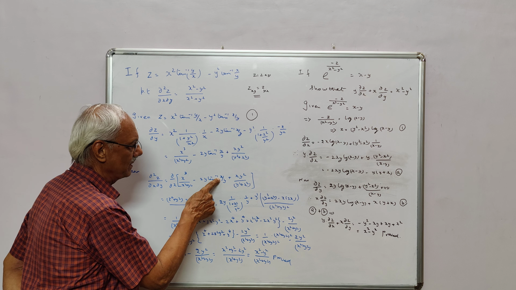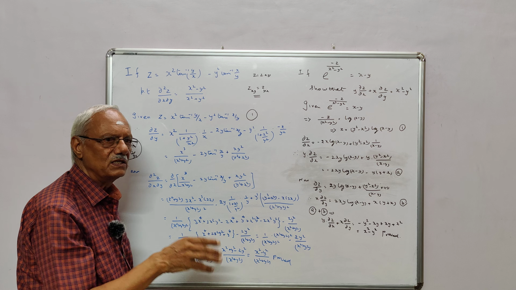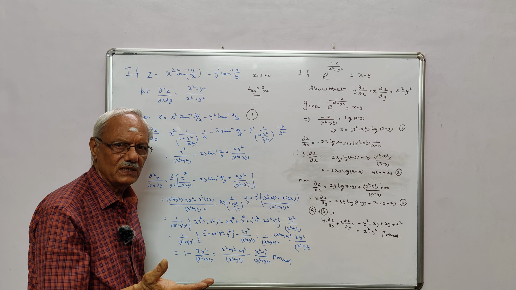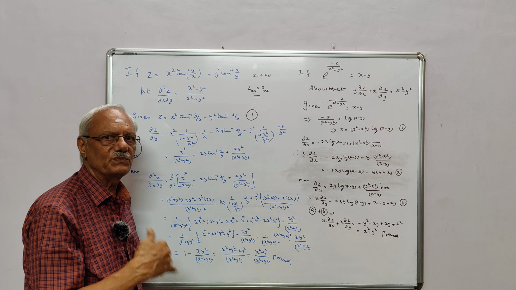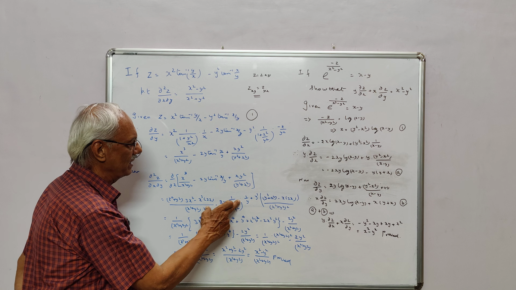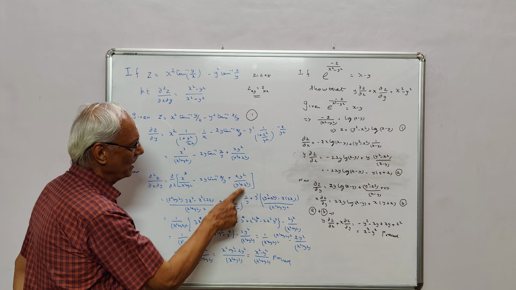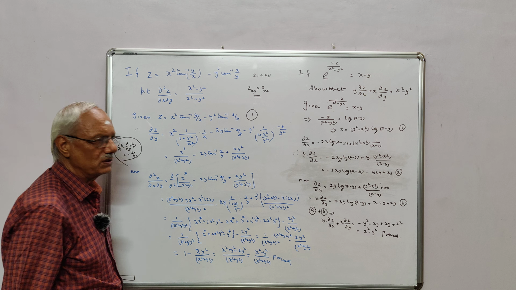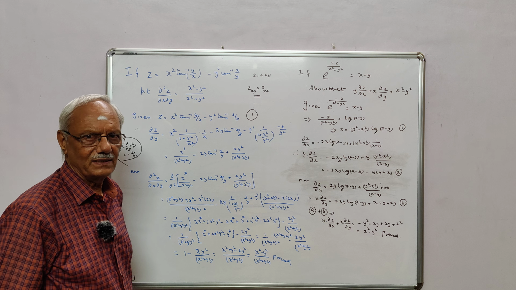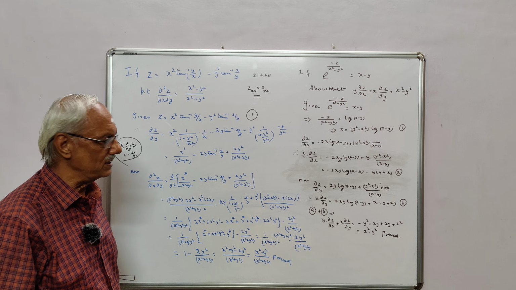Can you catch this? 1 by y into x, so 1 by y is treated as a constant, and then you are going to differentiate x with respect to itself, therefore you are getting 1 plus, here I take this y square outside because it is a constant. For this differentiation, it is a constant.